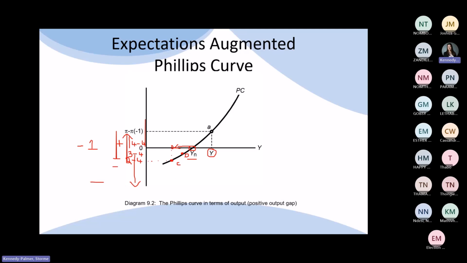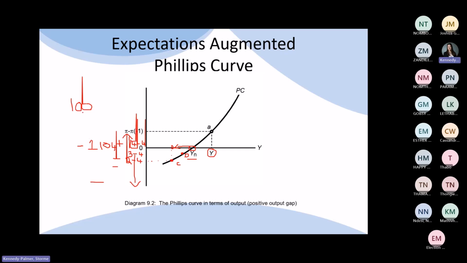This is the change in inflation, not the actual inflation. So if we're at 0 in this case, we're expecting the inflation to be 4, which means that our basket of goods that was 100 Rand last year is now going to cost us 104 Rand this year because our inflation rate is 4.